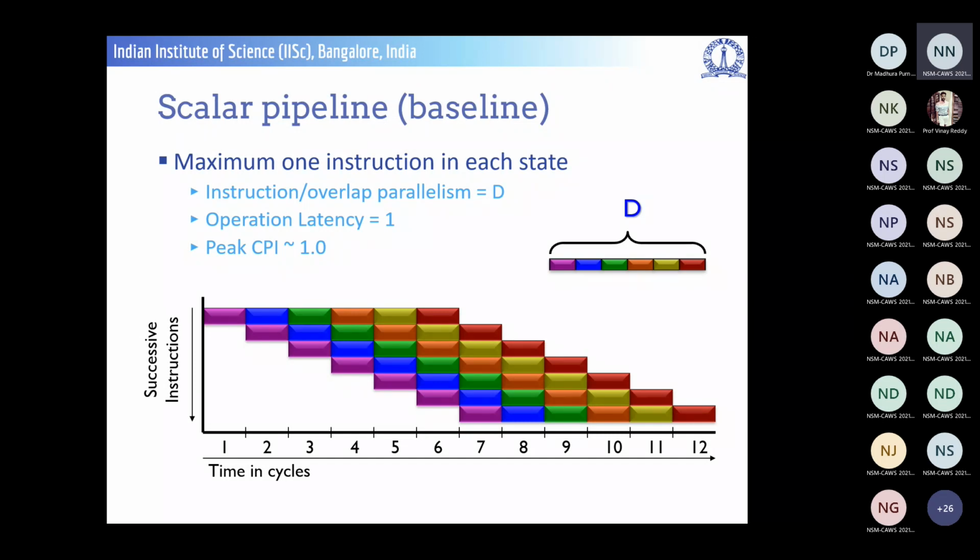That's the ideal world, and this is the scalar pipeline. That's what we have read so far. What you have seen here is that the overlap happens only between the different portions of these D instructions.